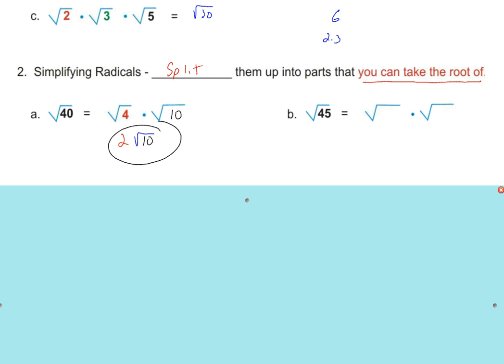So, with that in mind, we want to split these up into things we can take the square root of. And look, we should all know some definite things to take the square root of.